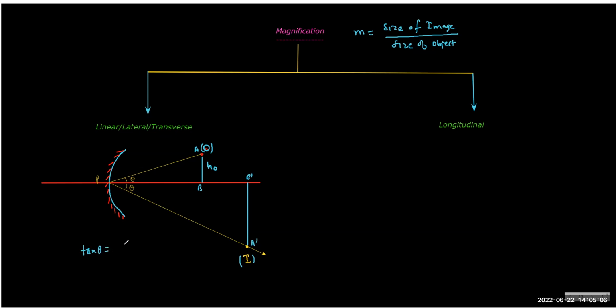So tan theta you can write as AB upon PB. And this we call HI, the height of image. Similarly, we can write tan theta as A dash B dash upon PB dash. Yeah, that's simple.